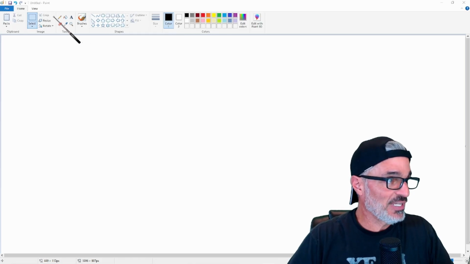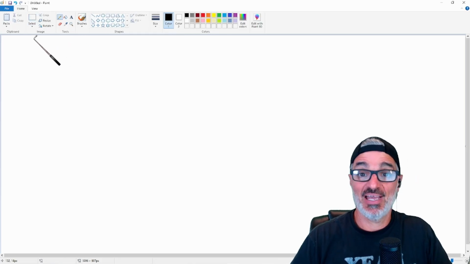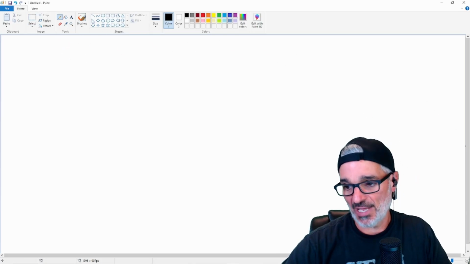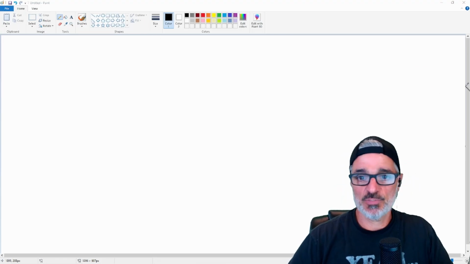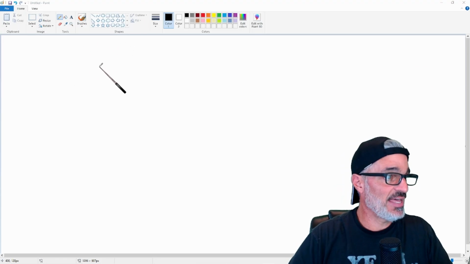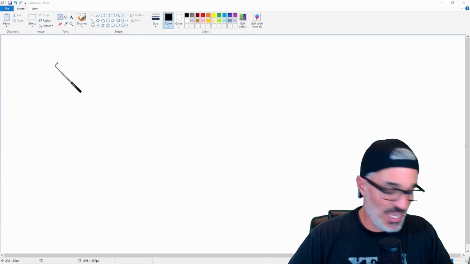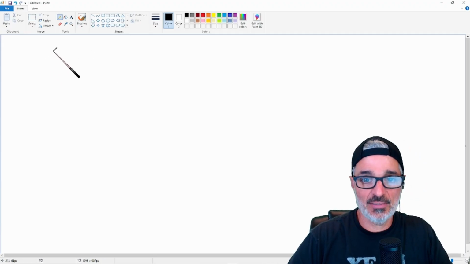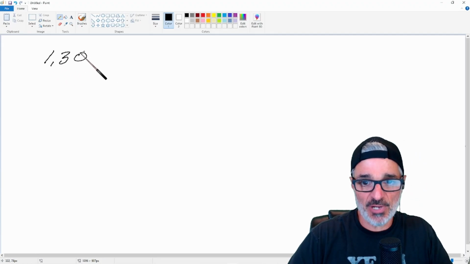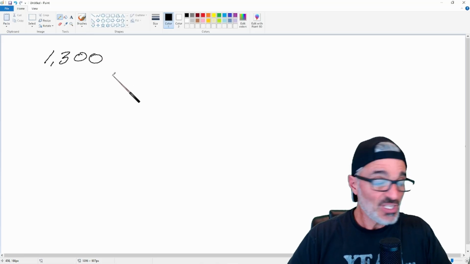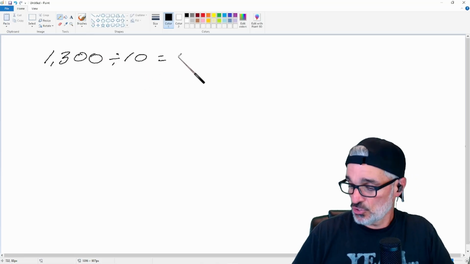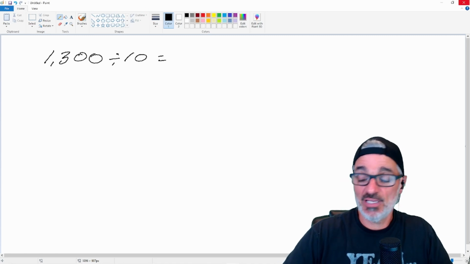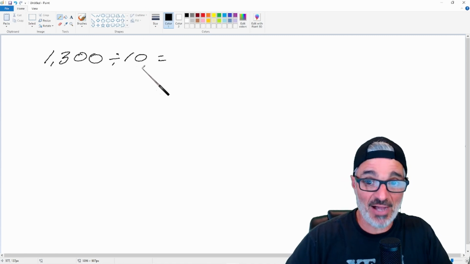Let's recap really fast what dividing by powers of 10 looked like. So remember, if we had, let's say, 1,300 pieces of candy, and we needed to divide that by 10 people so that each of those 10 people would get the same amount.